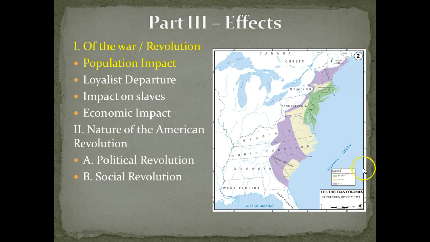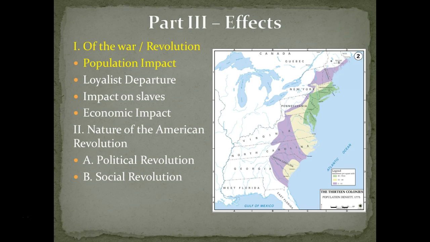And then the beige color represents that middle level. I believe it says 15 to 40 inhabitants per square mile, and then the purple represents the least dense area of land. So we're going to see a trend that happens after the war that heavily affects maps like these.